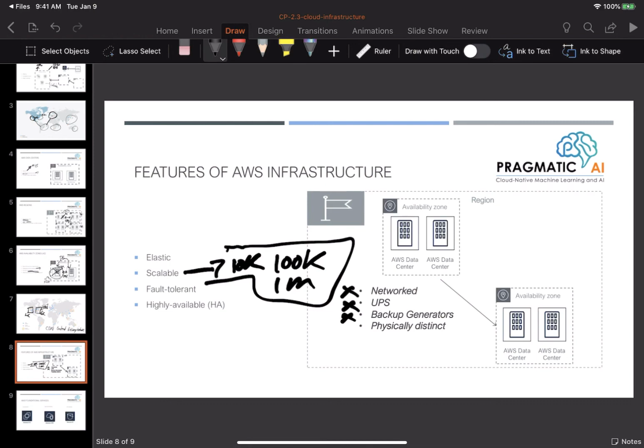It has backup generators, and each of these are physically distinct. And even in the case of these multiple availability zones, they have multiple data centers inside. So it's designed to be redundant. That's a key characteristic of cloud computing. And it's something that many companies couldn't afford to do. They just can't afford that level of redundancy.